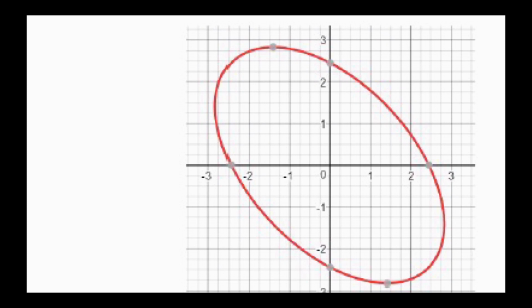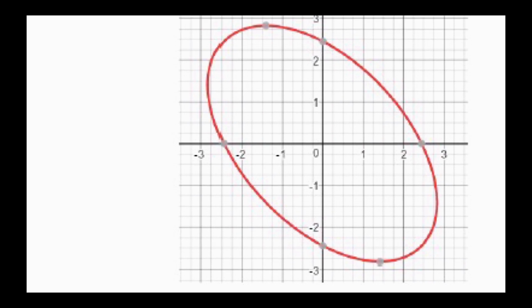Is there anywhere else we would have a horizontal tangent line? When x is about 1.4 positive? Yep, right at that dot there. Somewhere around that dot we're also going to have one.